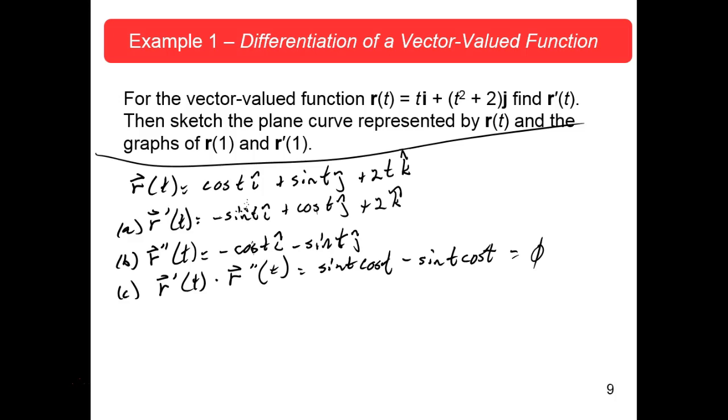Well, what does that tell you about these two? They're orthogonal to each other. They're perpendicular to each other, because anytime you have a dot product of 0, that means those are. And sure enough, it is.